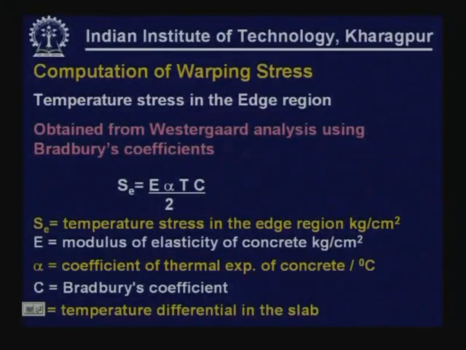So, the expression for computing warping stress in the edge region is given using Bradbury's coefficients as a function of the modulus value of concrete, the coefficient of thermal expansion of concrete, T, the temperature differential from top to bottom within the slab, and C, the Bradbury coefficient.